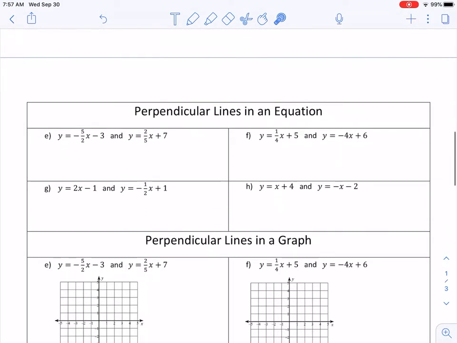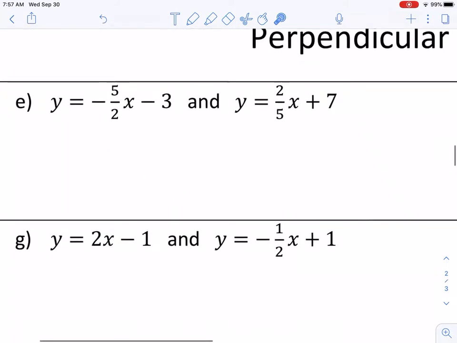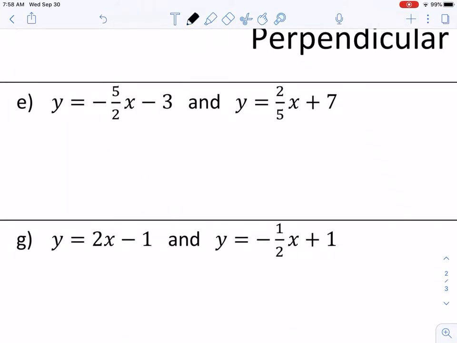Let's talk about perpendicular lines. Perpendicular lines in an equation have the opposite reciprocal slope. So E, F, G, and H all have examples of perpendicular lines. Again, we are just looking at the slope here.